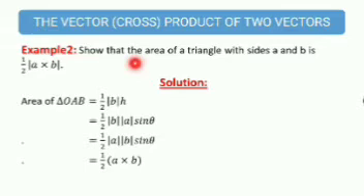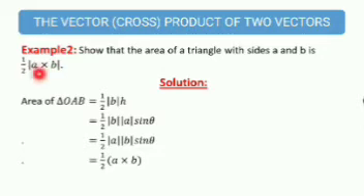The second example says, show that the area of a triangle with sides A and B is half the modulus of A cross B. We said that the modulus of A cross B is the area of a parallelogram. Normally you know that the area of a parallelogram is base times height. Then the area of a triangle is half base times height.